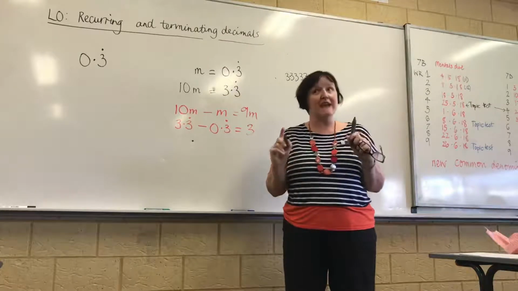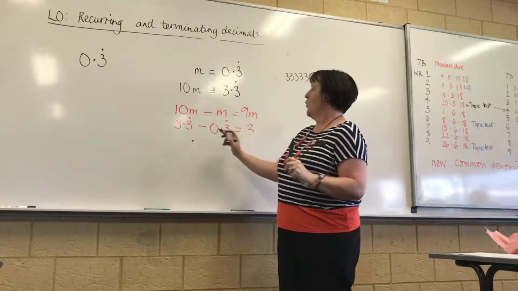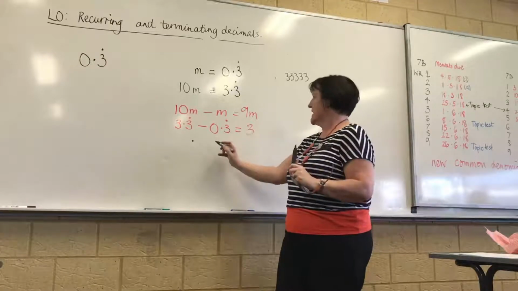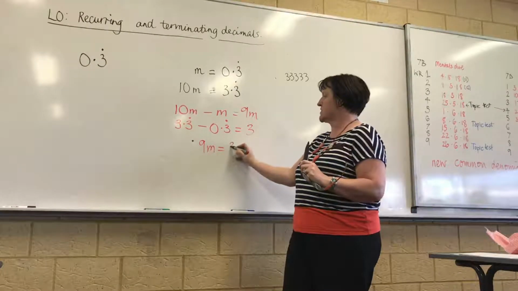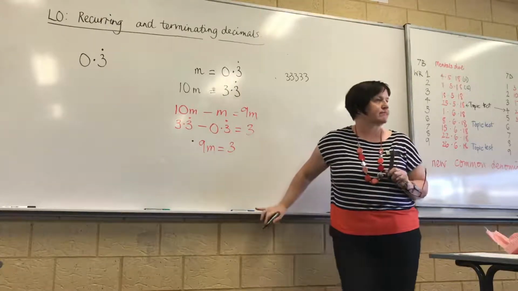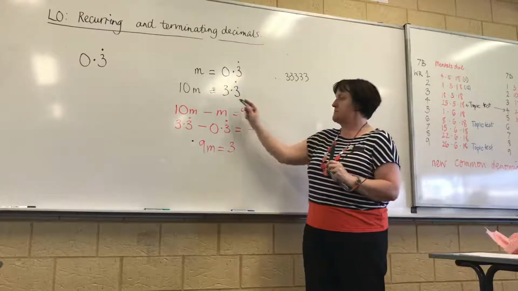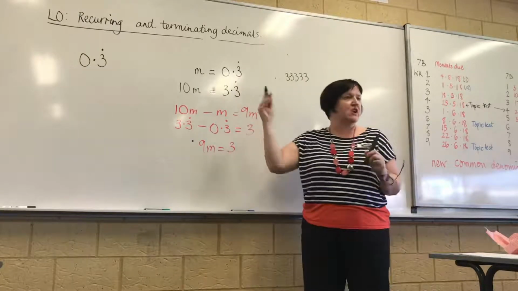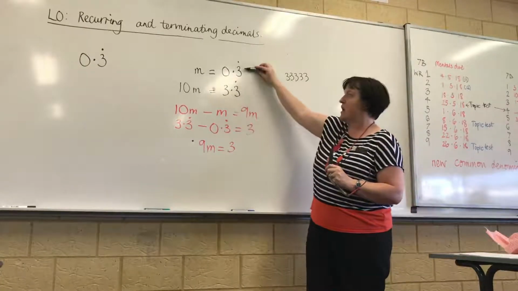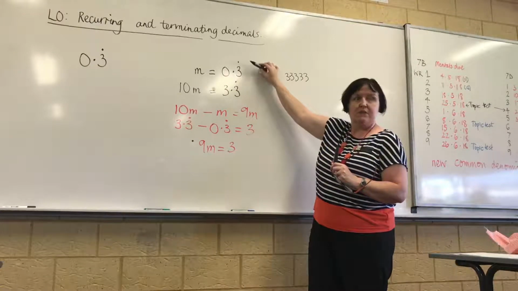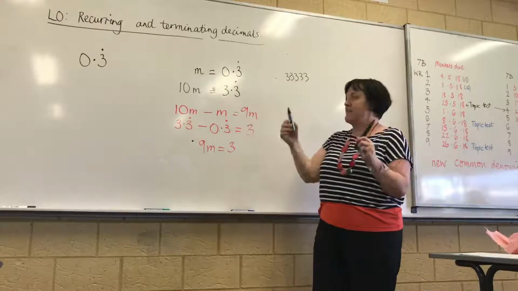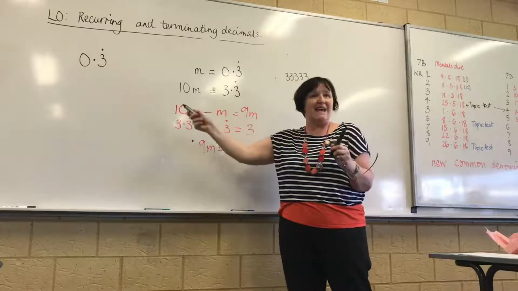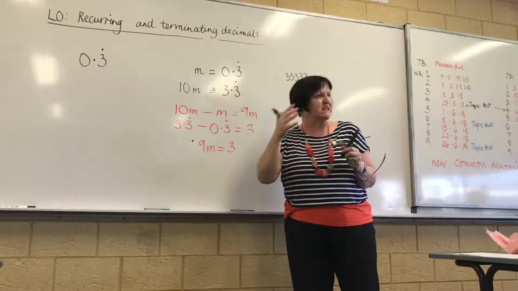Okay, so now what we can say is that 9m equals 3. This bit here is just to show you the explanation. So you start with m, you multiply by 10, 3.3 recurring, and then we want to get rid of the recurring bit, don't we?